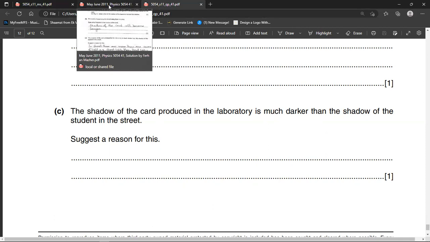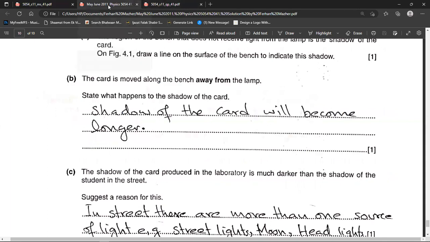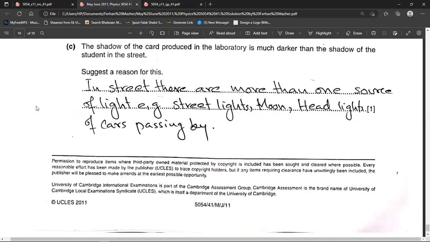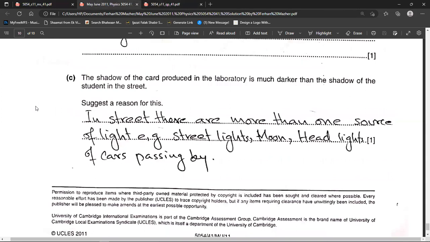There might be street lights, there might be traffic. So there are multiple sources of light. That's why the shadow in the street will not be that dark. So in the street, there is more than one source of light, for example street lights, the moon, headlights of cars passing by.